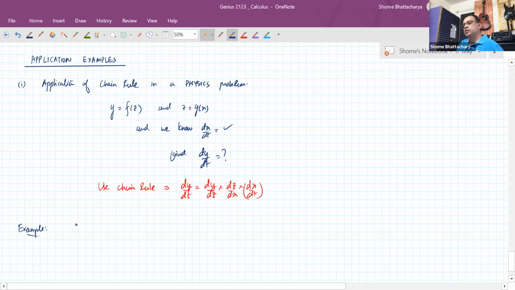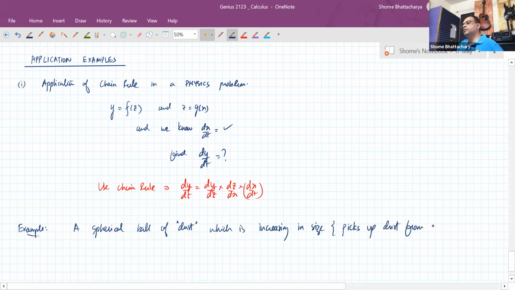We have a spherical ball of dust, let's say, a perfectly spherical ball of dust, which is increasing in size because it picks up dust from suspended particles of air.